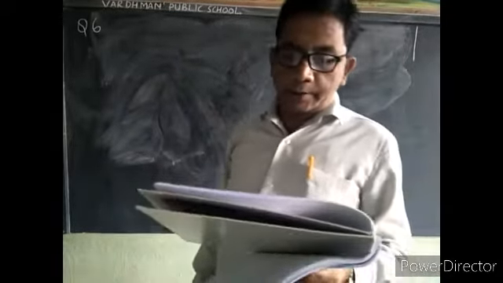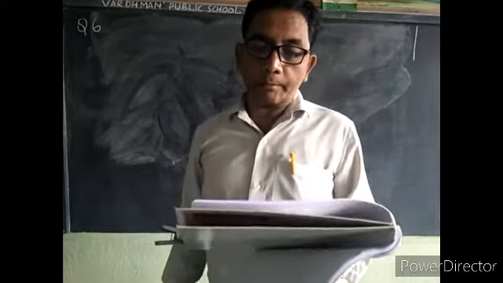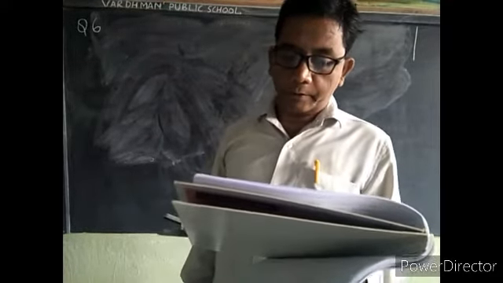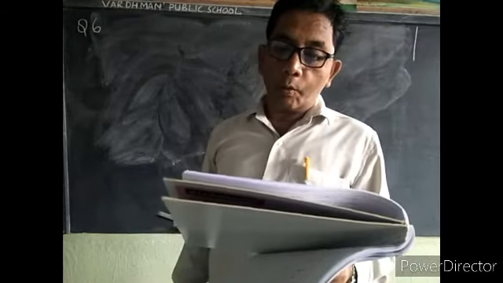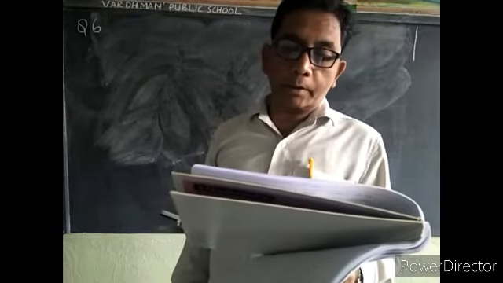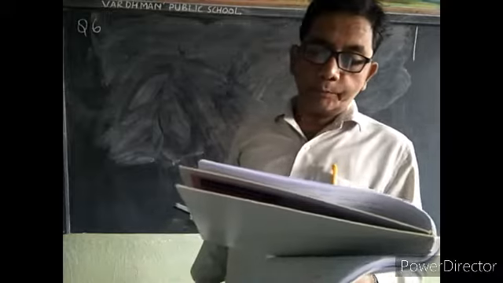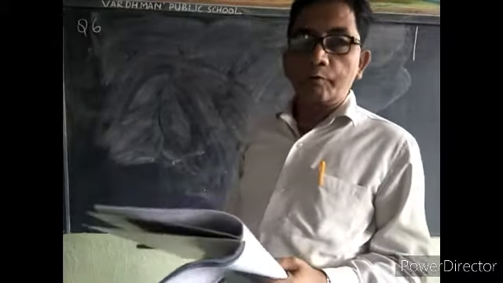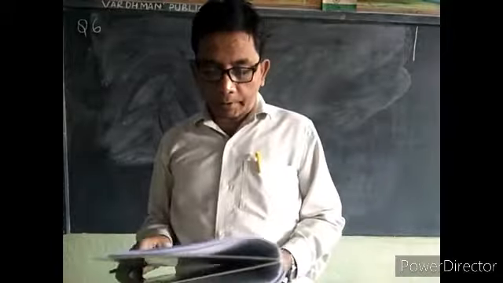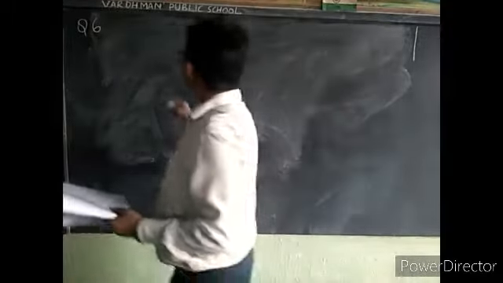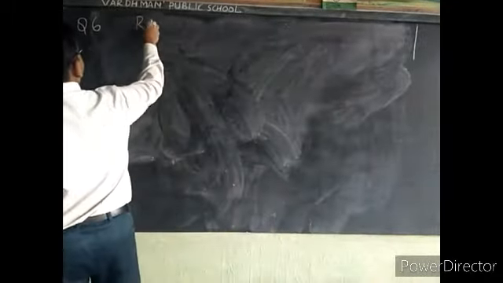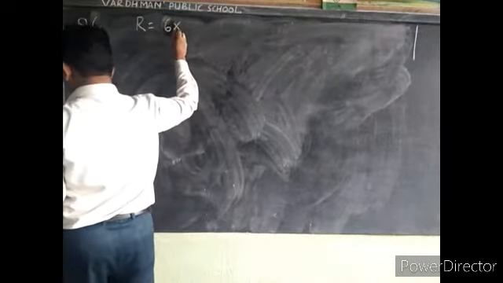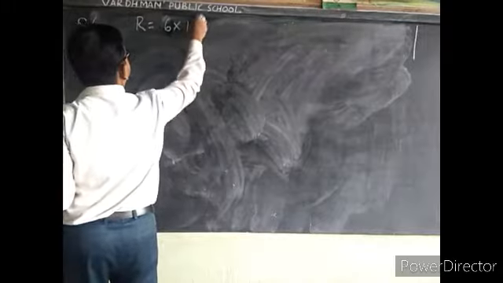At what distance from the center of the earth does the weight of the body become half? The radius of the earth is given, 6 into 10 power 6.